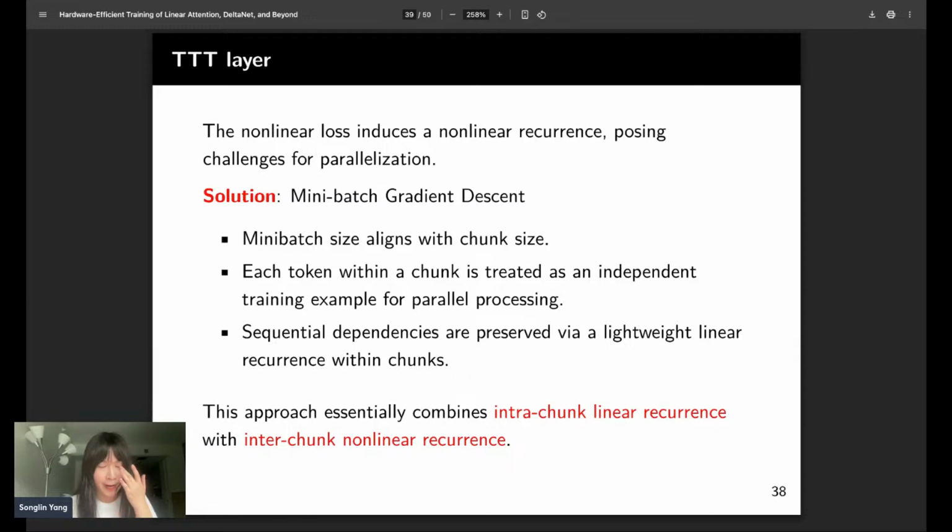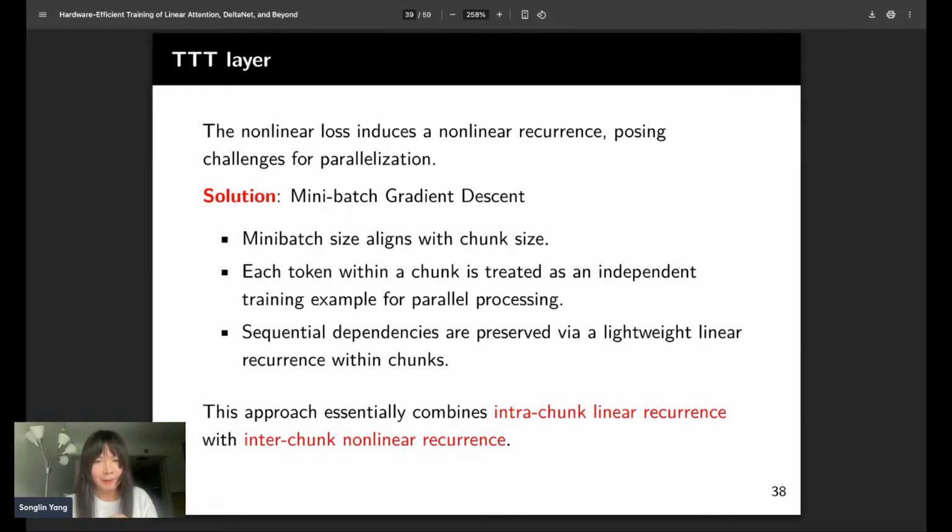The mini-batch is like the chunk size. And so they only update the recurrent state after processing several tokens, and the number of tokens is the same as this mini-batch size. And each token within this chunk is treated as an independent training example for parallel processing.